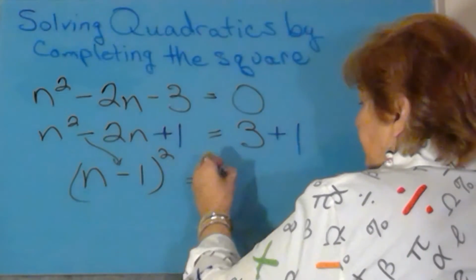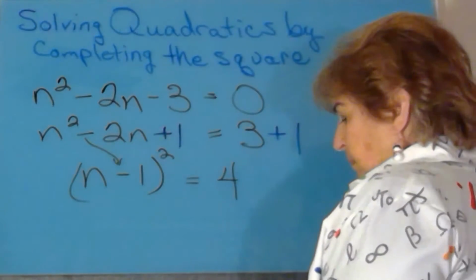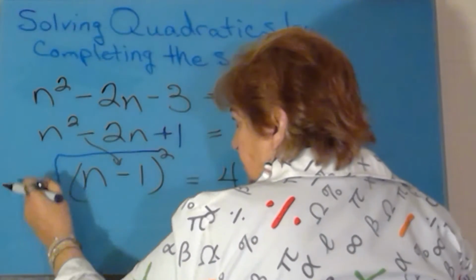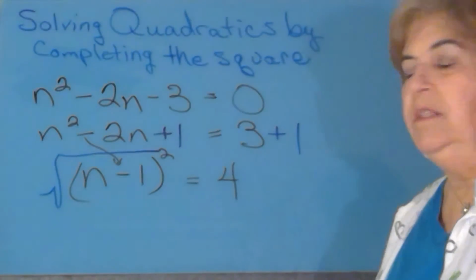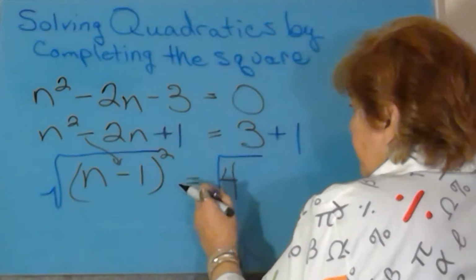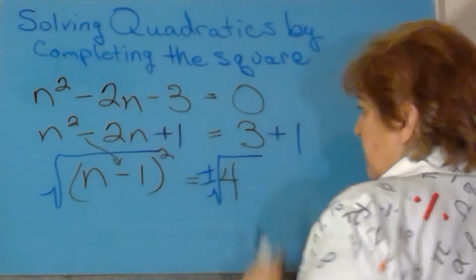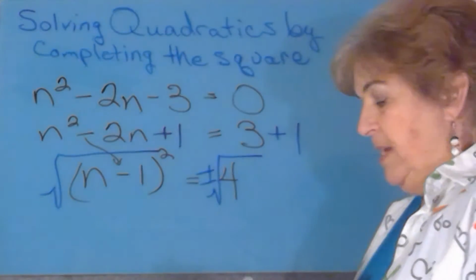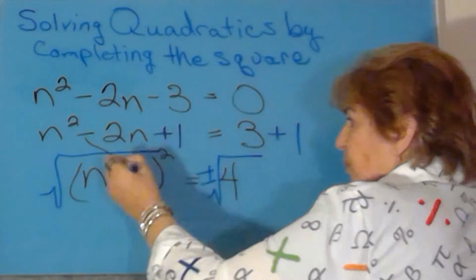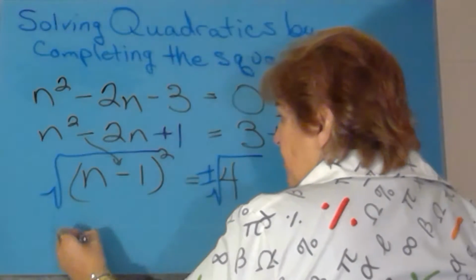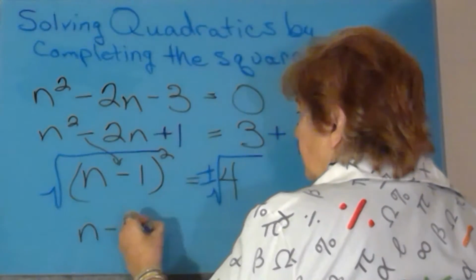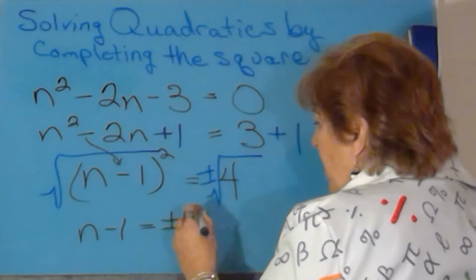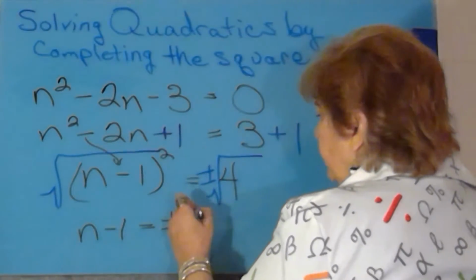Equals 4. Since I have a square on one side, I can take the square root, but this is going to give me a plus or minus on the right. So I now have the square root of n minus 1 squared is n minus 1, and that's going to give me a plus or minus 2.